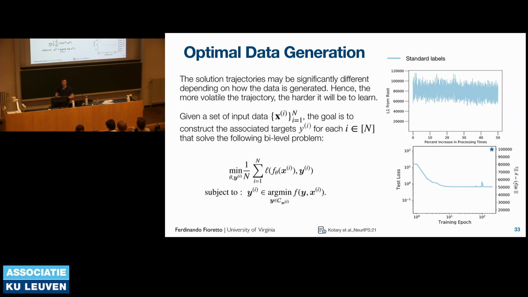If you think of this as an optimization problem, this is really a bi-level program, which is outlined here. You want to find the best labels, so the best solutions, the optimal solution to your scheduling problem, while at the same time minimizing your empirical risk function that approximates such solutions. So how do you build the best dataset for this learning solver?